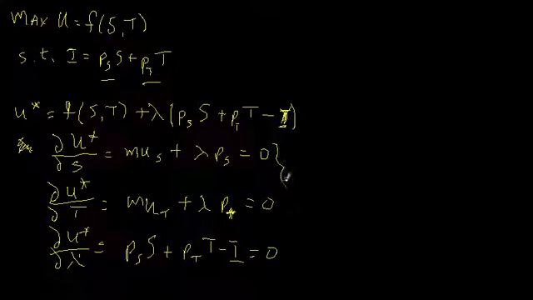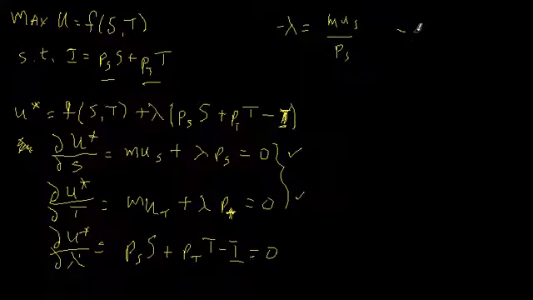So let's look at this for a second. We can solve this equation for minus lambda, and that's going to be equal to the marginal utility of s divided by the price of s. And the second equation we can also solve for lambda.